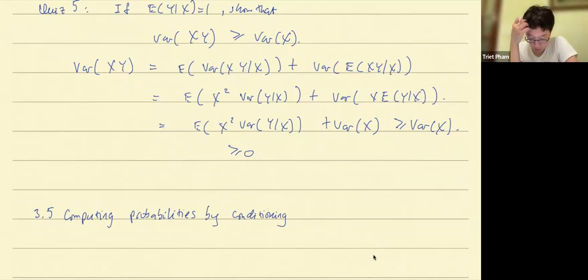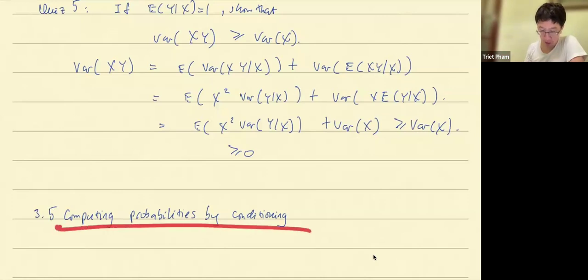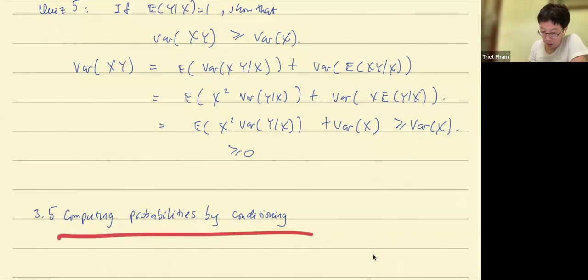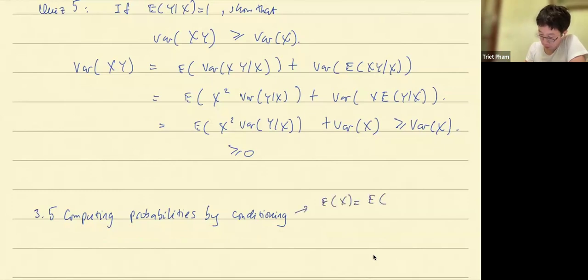And the first thing to note about this is I don't even know why it's a separate section. I'm just following the textbook, so I call it a section. There's really nothing new here. This really can be encapsulated within conditional expectation. But maybe that's the only thing to point out.